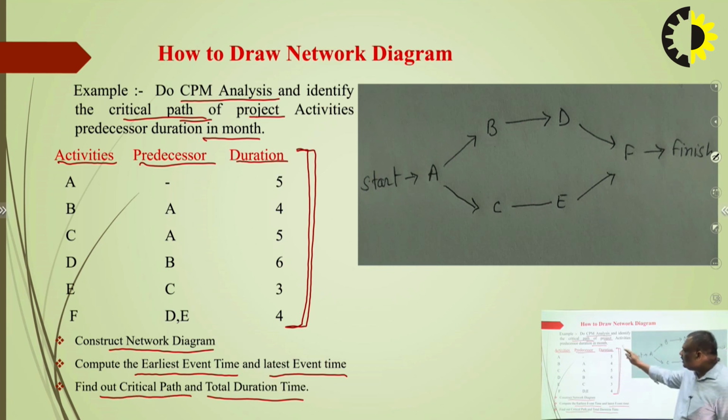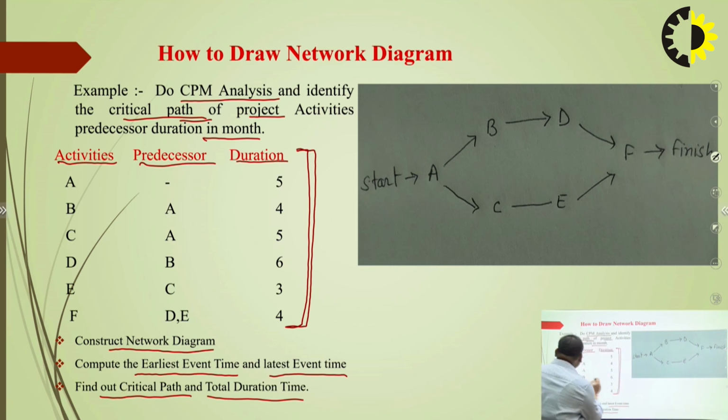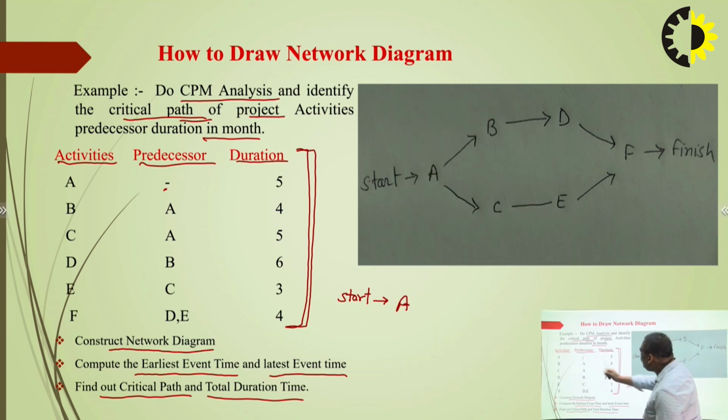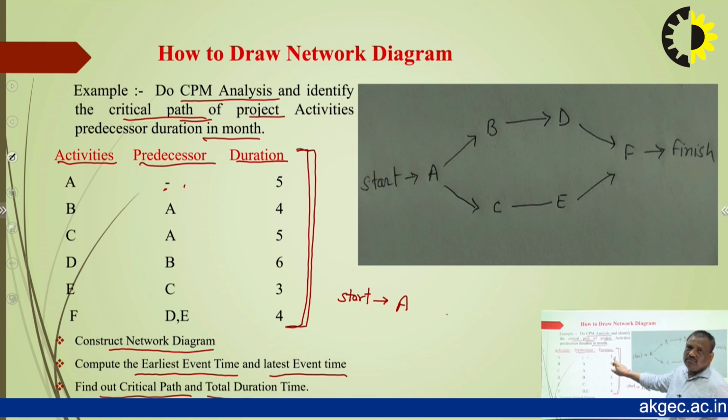So with the help of the table, we draw a network diagram. The starting point is A. Suppose A is our start point. Because A has no predecessors, activity A takes a 5-month duration for completion.